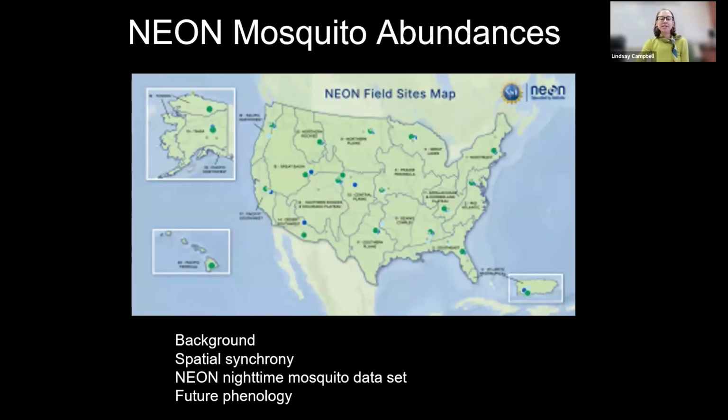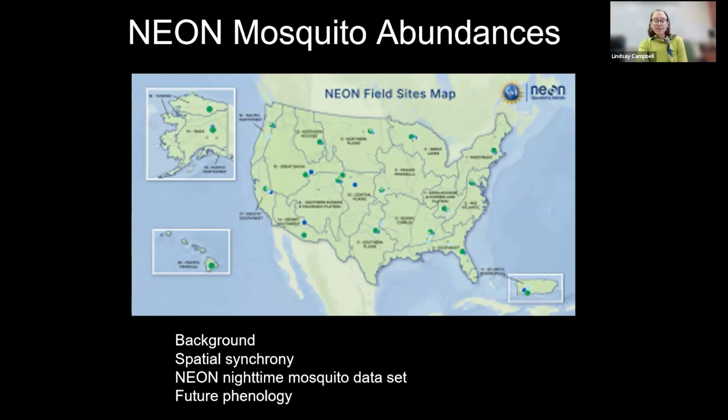So for this talk, I'm going to give a little bit of background about the NEON mosquito program, just so people are oriented to the collections that we were using in analyses. And then I'm going to highlight an analysis that we performed investigating spatial synchrony of a West Nile virus mosquito vector across kind of broad scales.